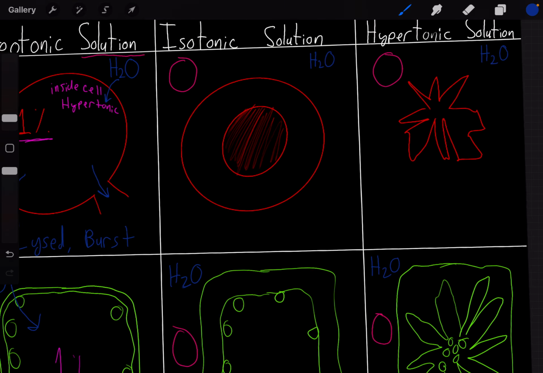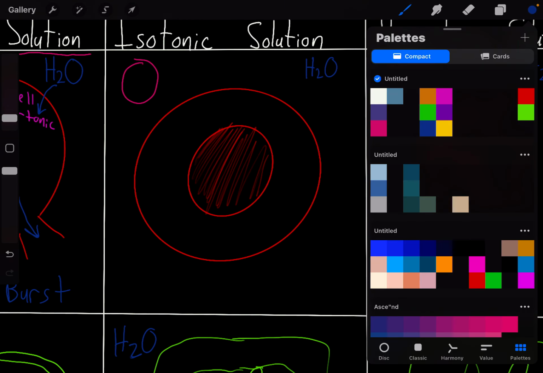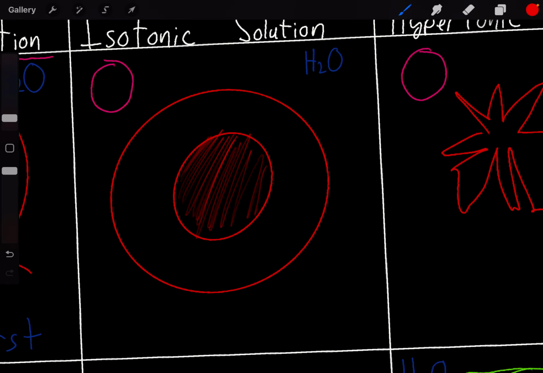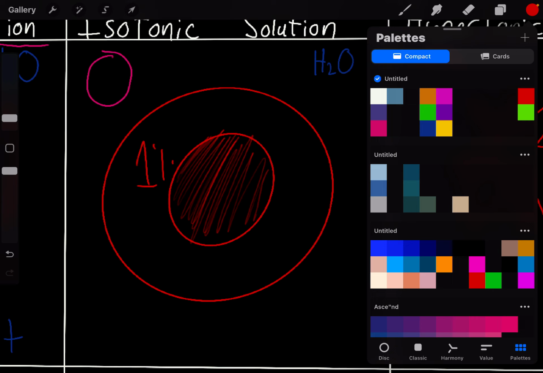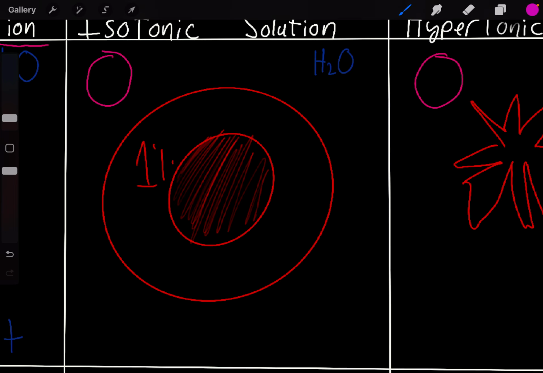Now we talk about an isotonic solution. Isotonic means the exact same. So if this is a 1% solution inside this blood cell, then the solution would also be 1%.